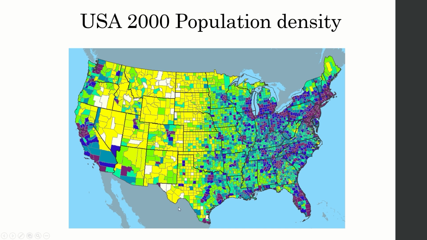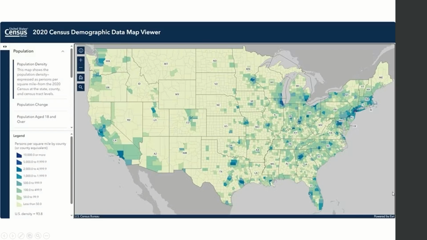Again, you can see that discrepancy between how the West is far less populated than the East, except for the West Coast, on both maps here. But with this one, you're getting a much better sense of where urban centers are. You can see all these cities here, Los Angeles and San Francisco, Boston, New York, and so on.